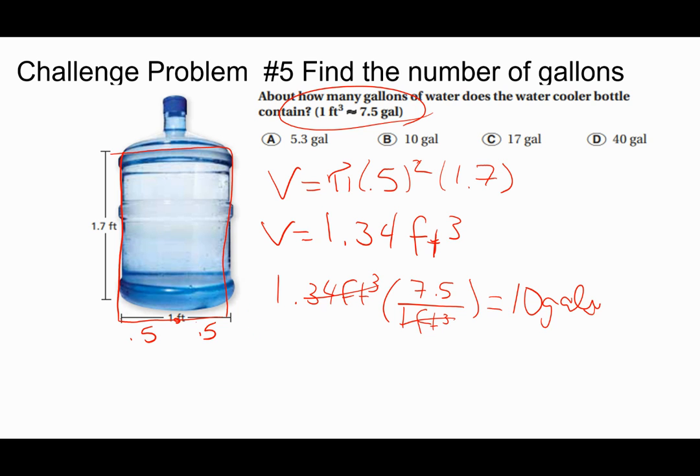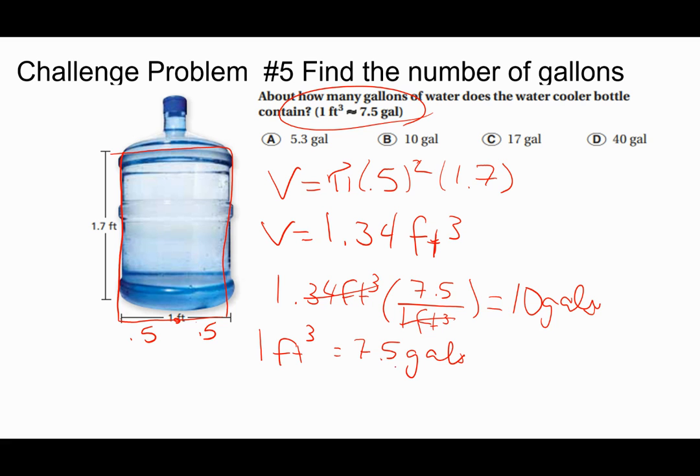The other way you can say this: for every one cubic foot, it's 7.5 gallons.